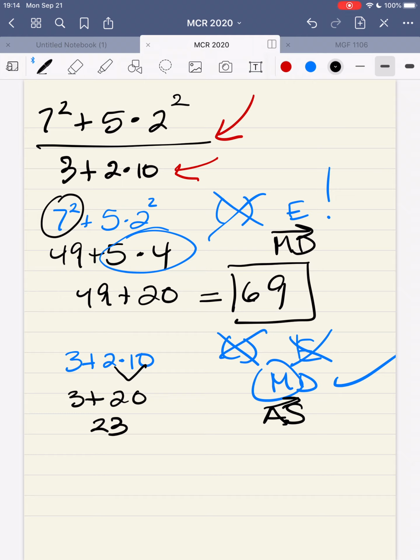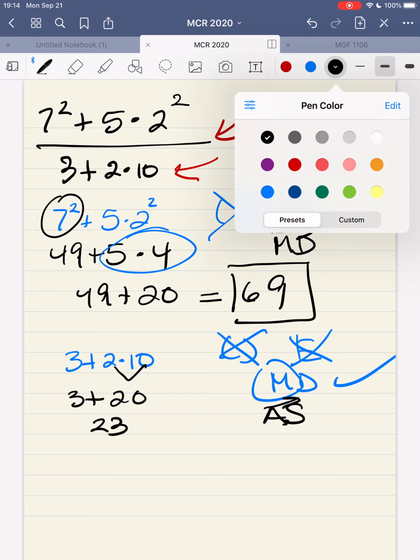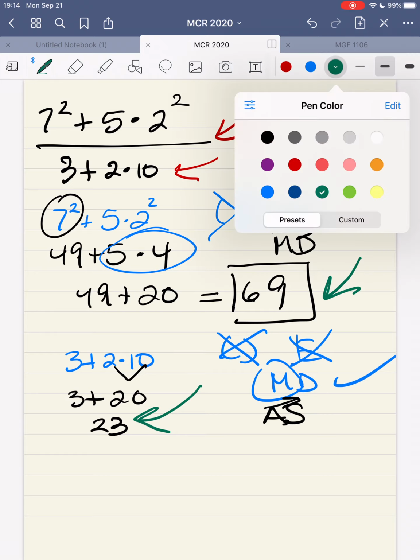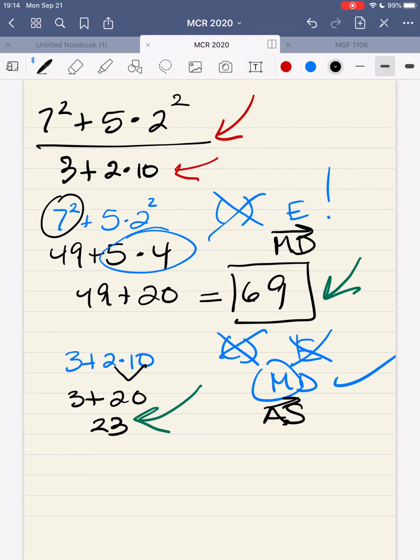All right. Now, our original problem said that when I worked everything together, this is my numerator, and when I worked everything together, this is my denominator. So my numerator is 69. I have 23 as my denominator. That's really sloppy, sorry.